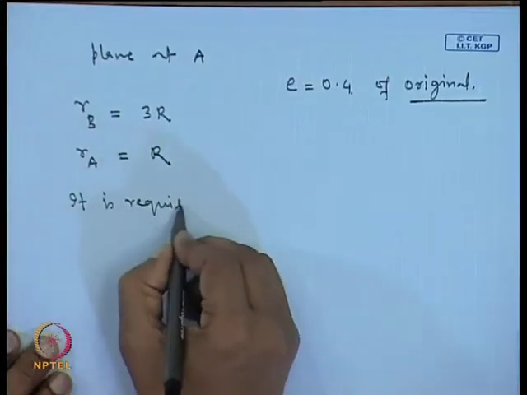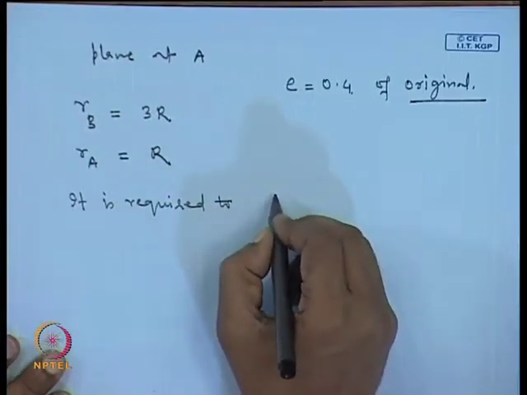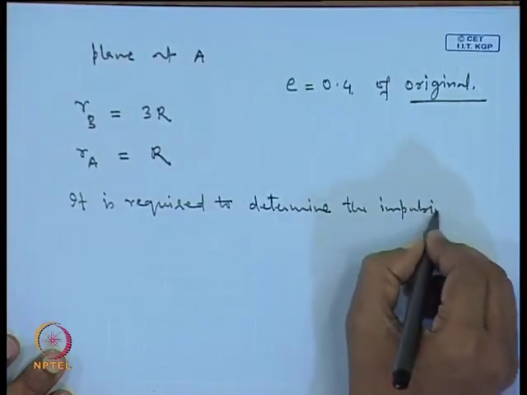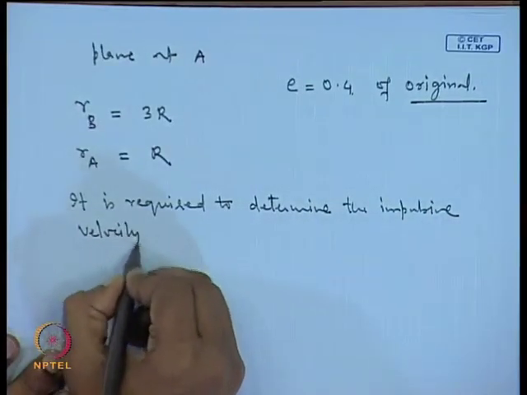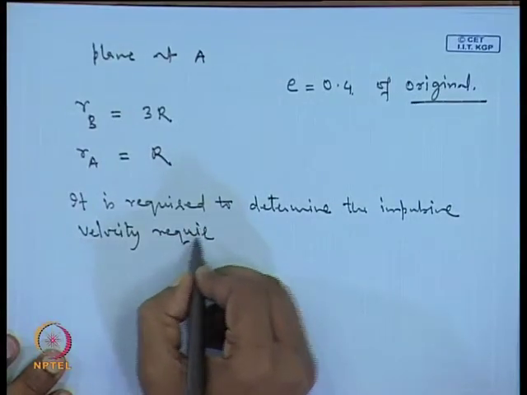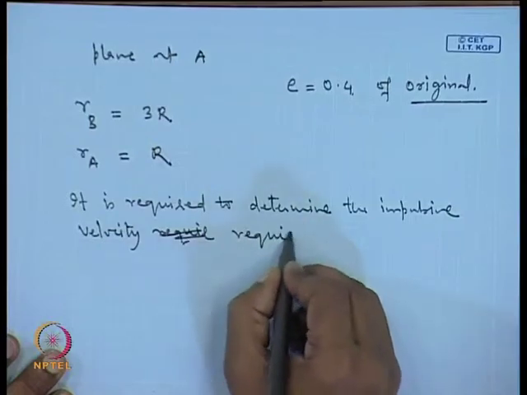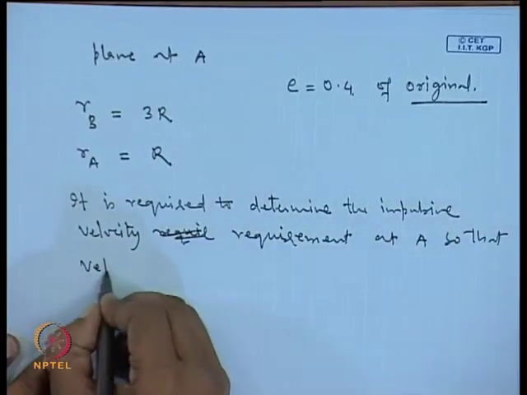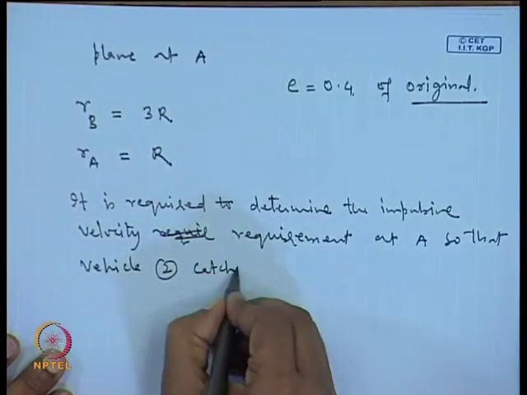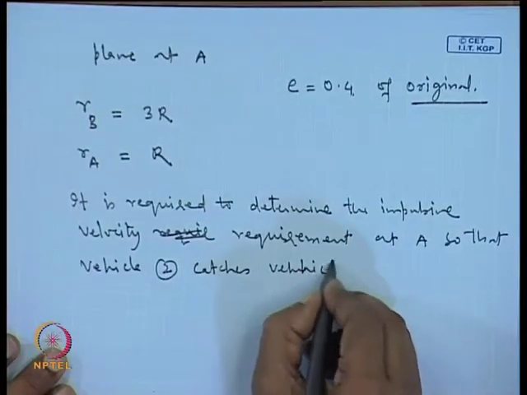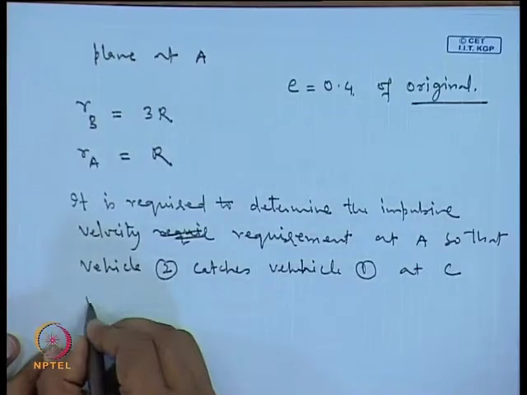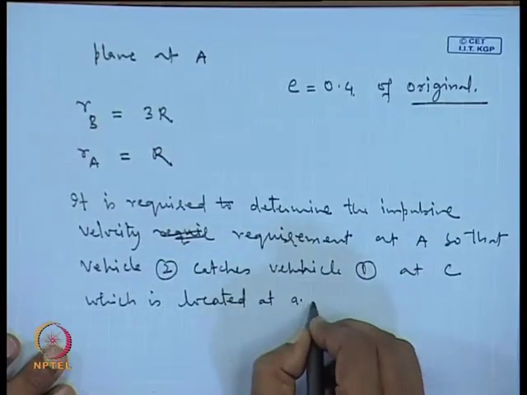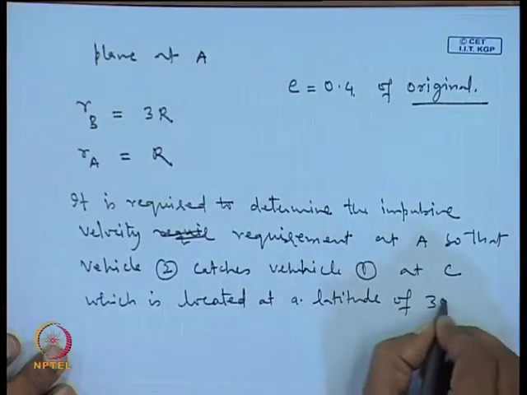It is required to determine the impulsive velocity requirement at A, so that vehicle 2 catches vehicle 1 at C, which is located at a latitude of 30 degrees.